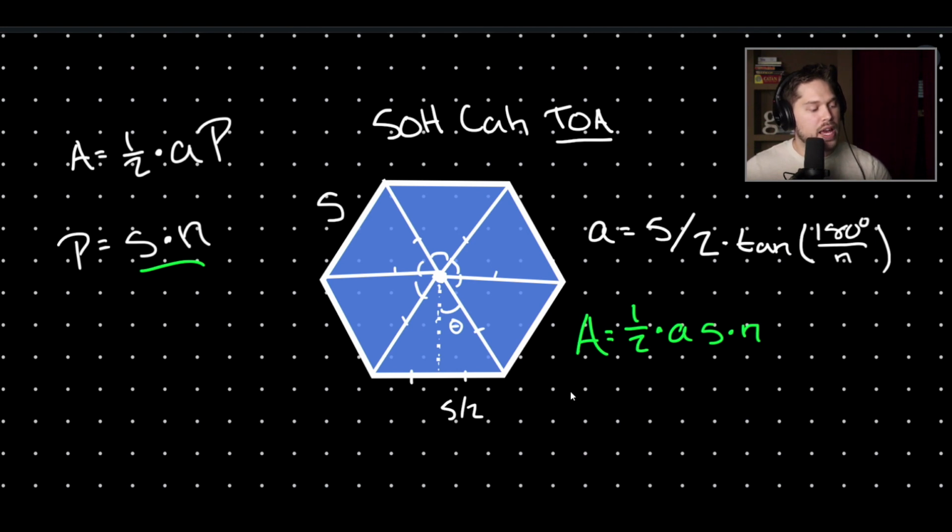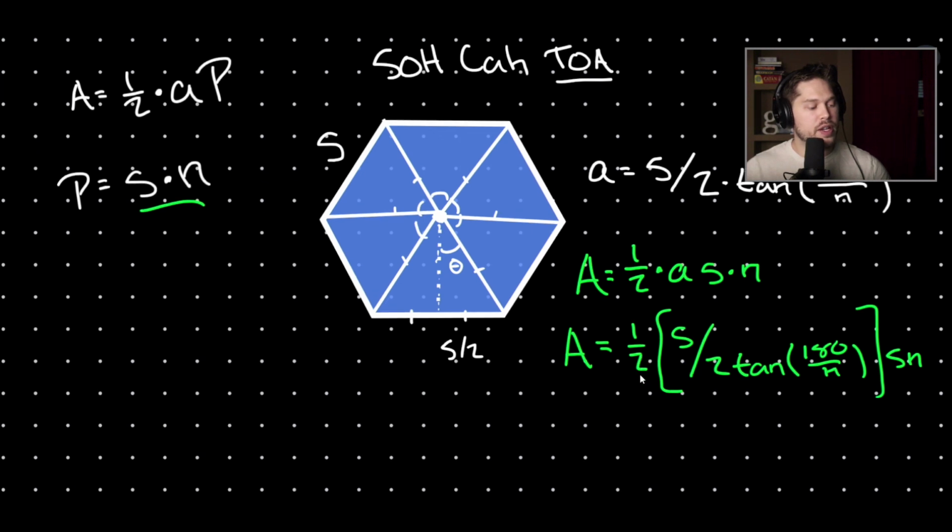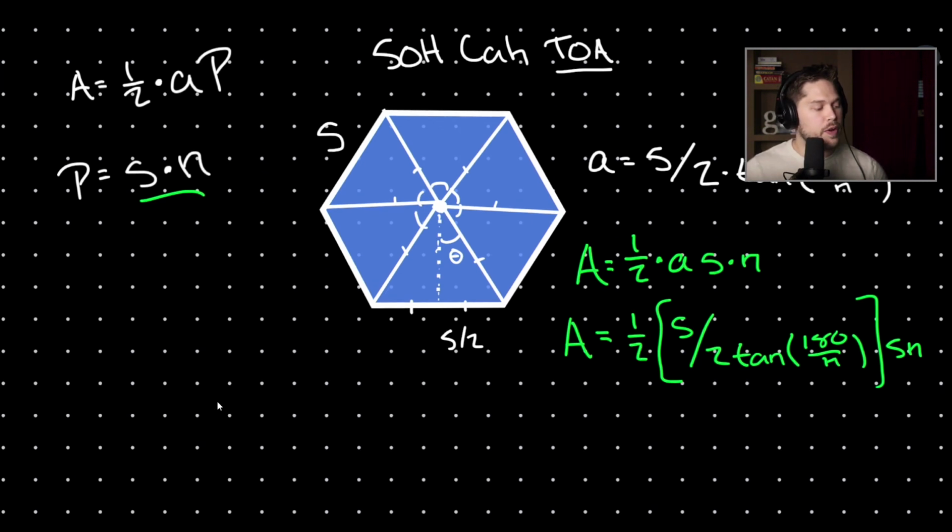So the area equals 1/2 times s divided by 2 times the tangent of 180 over n, times s times n. And let's put it all together in one clean formula.